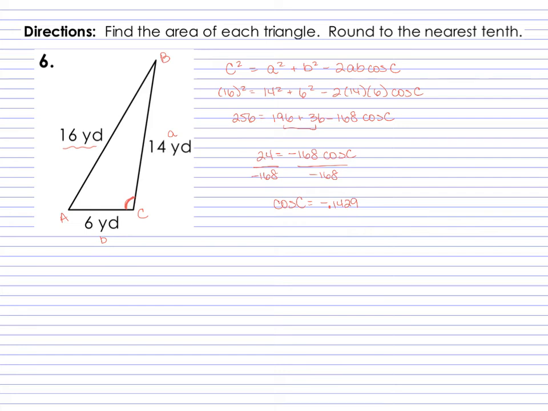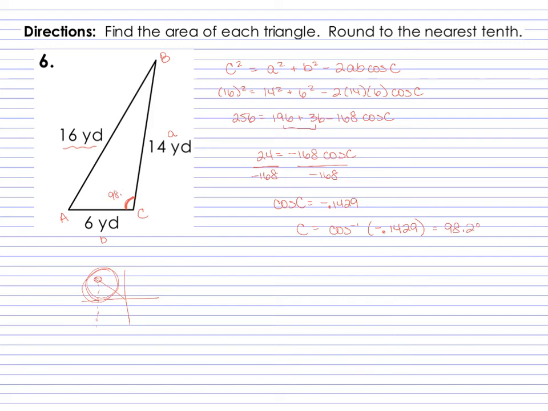Now, it's totally fine that the cosine is negative, because if we think back to our unit circle, cosine is actually negative in quadrant 2. So it's going to have a positive y value, but a negative cosine value, remember cosine goes with x. So that's totally fine. To find the measure of angle C, you're going to take the inverse cosine of negative, make sure you do put that in, 0.1429. Therefore, C is equal to 98.2 degrees.